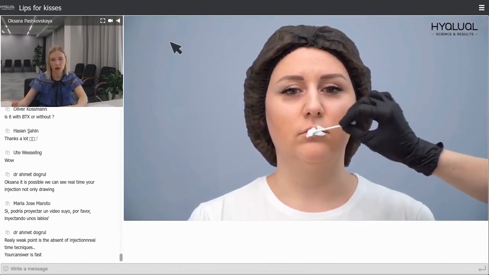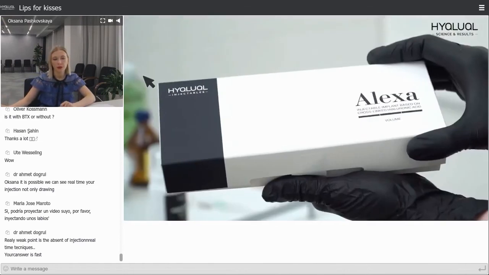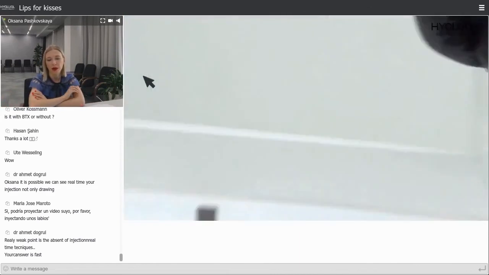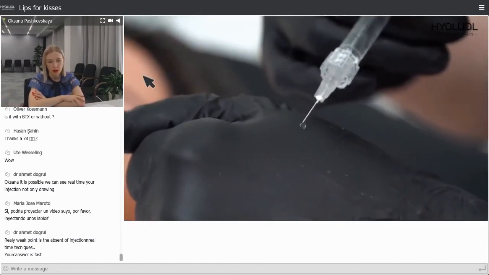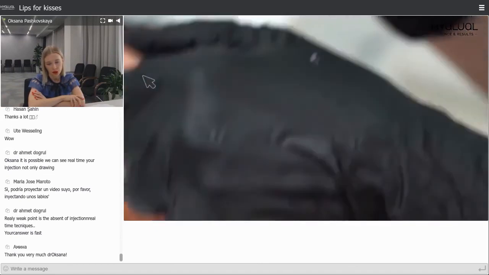And now we use anesthesia, the application of cream. It really numbs the lips for at least 10 minutes, so it's enough for me to inject her lips.